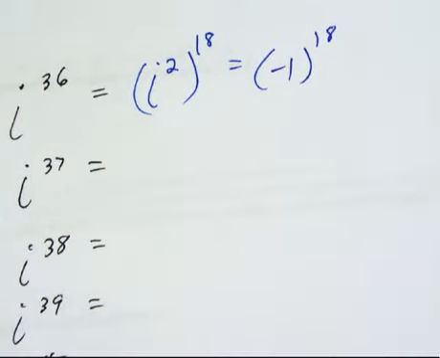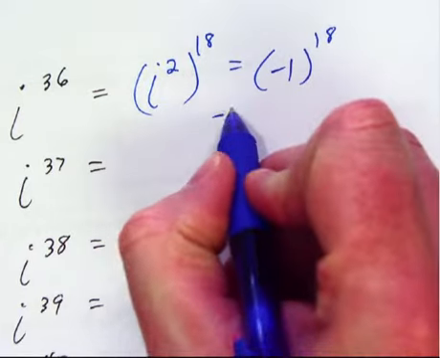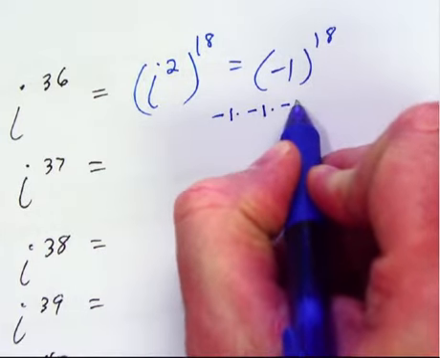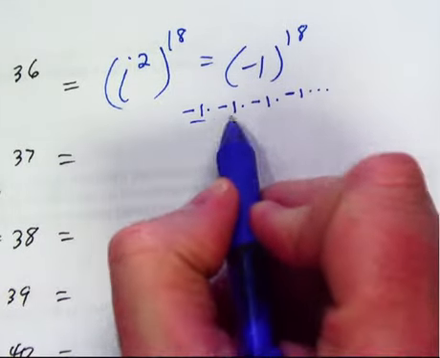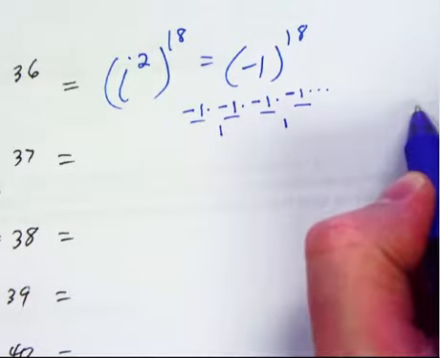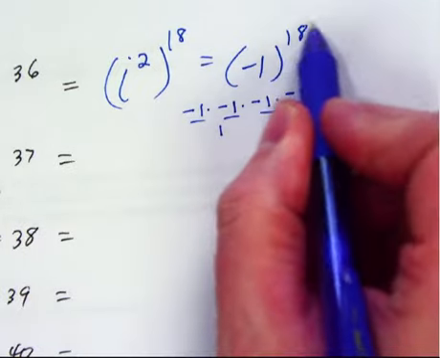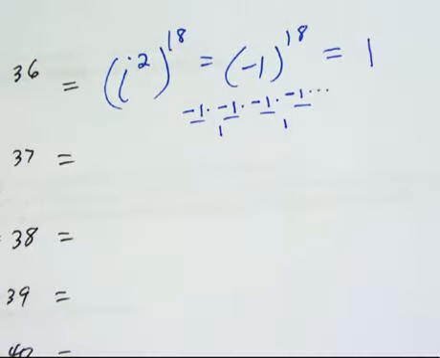Well, if you do this enough times, you figure out that a negative times a negative makes a positive. So all we're really saying is what is -1 times -1 times -1 times -1, 18 times. Well, -1 times -1 is 1. If I keep doing that, I have 1, and I have a whole bunch of pairs of 1s. Well, because this is even, I'm going to have even groups. The answer to that question is going to be 1.